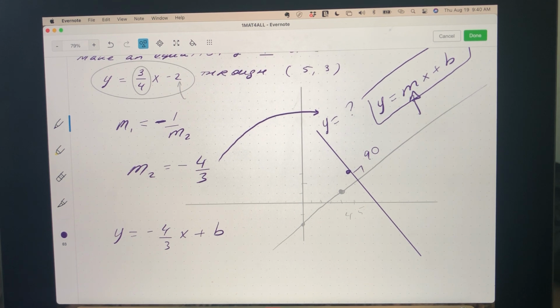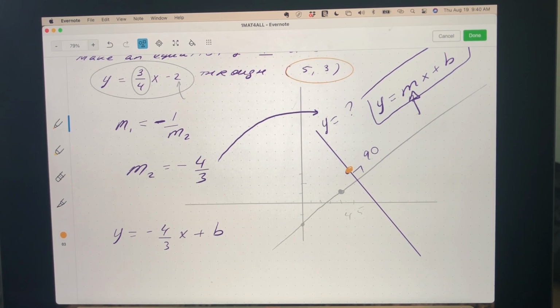To get the b, all we need is one point that our line goes through, and we are given this point. So if x is 5, the y should be 3, and the only thing left to find is the b.